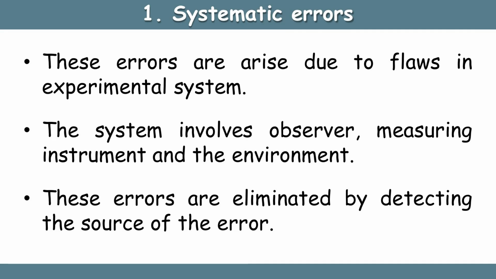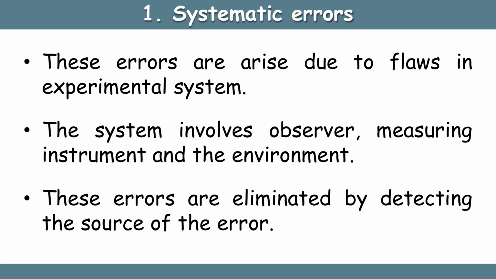So, the systematic errors arise due to flaws in the experimental system. In the experiment which we are taking, there is some lacuna, therefore some error is arising. The system involves the observer, the measuring instrument and the environment.